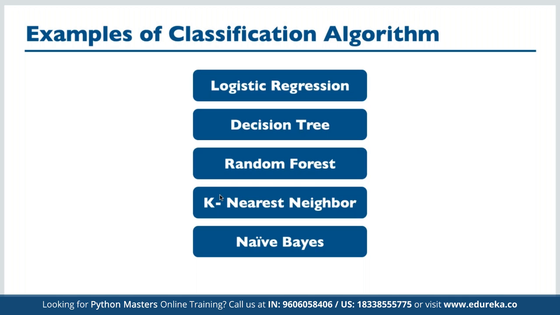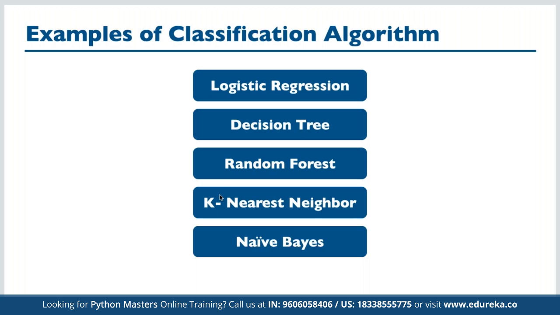Then cuckoo search again is nature inspired, where a cuckoo bird never creates its own nest. It always lays eggs in some other bird's nest, and then it naturally predicts the highest probability where the eggs would be safe and be hatched. So that's where we also try to implement that kind of natural phenomenon. And these algorithms, as I said, are widely used. For example, Uber and Ola use this cuckoo search algorithm for one of the applications when they are assigning cabs, etc.